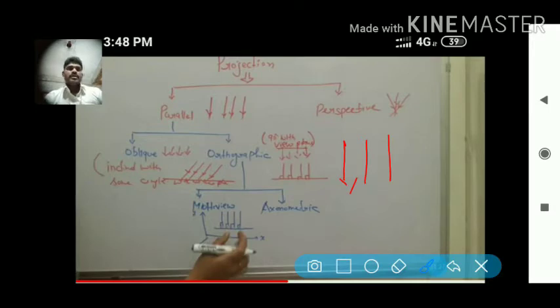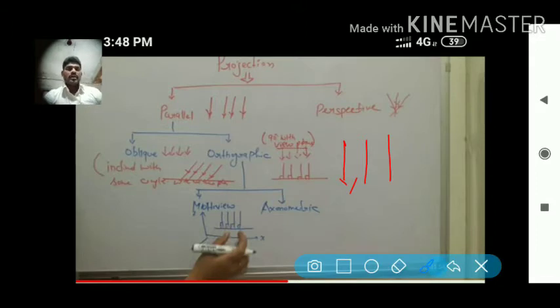But in oblique, the lines are not making a 90 degree angle; the lines are parallel to each other, but they are inclination lines. So they are not at 90 degrees. That is the difference between the oblique and orthographic projections. In oblique, lines are inclined lines, and in orthographic, lines are perpendicular lines.